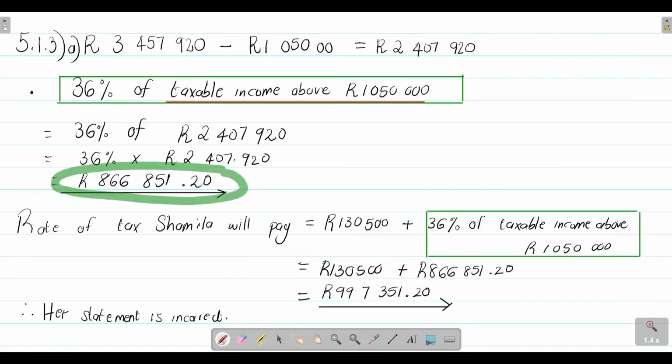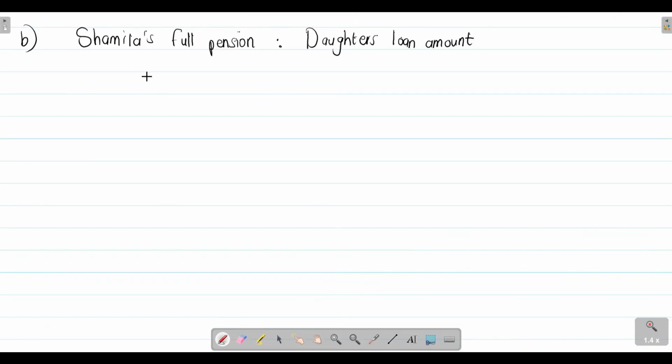Okay, so we are given the ratio of Shamila's full pension to the daughter's loan amount as 9.879821. So this is the ratio that is given to us. Shamila's full pension fund to the daughter's loan amount, that is the ratio 9.879821.